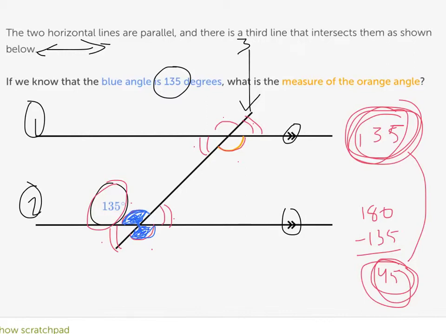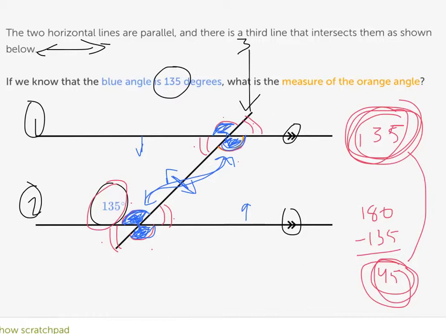Now, what you can do is essentially pick up that these right here are something called alternate interior angles. Alternate means they're on different sides of the transversal, and interior means they're on the inside of their parallel lines. Well, if you remember your facts, then you would know that alternate interior angles are the exact same, and that's blue. And since this is the vertical angle, it's also blue.